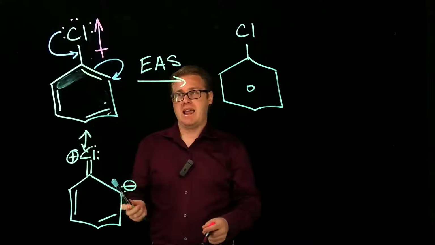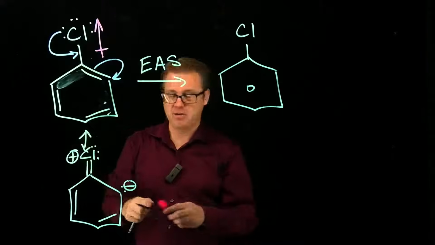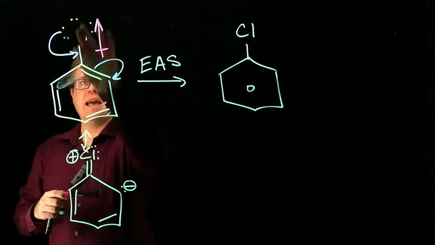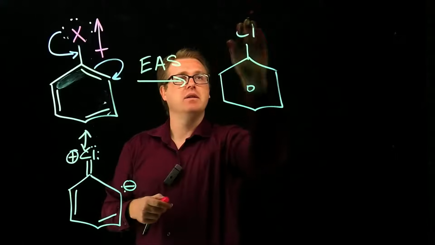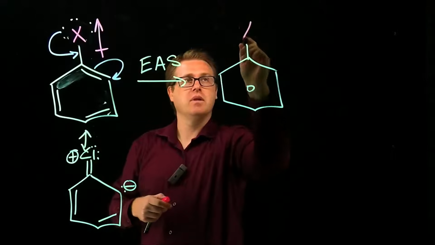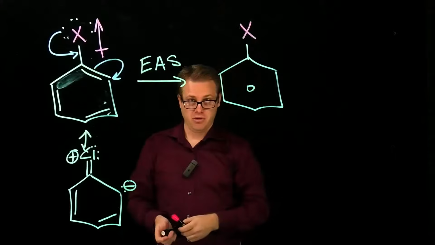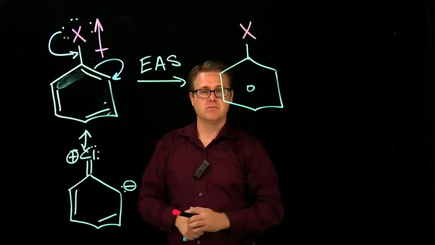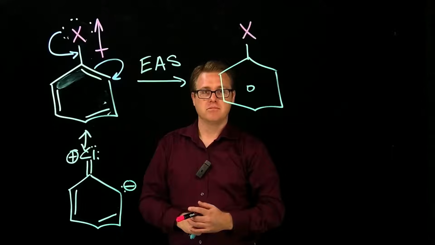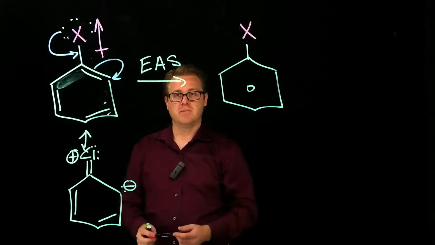So what we say is, halogen, we can replace that with an X, and that X represents all halogens. Okay? Halogens are deactivating groups, but they are ortho-para directors. Okay? That is the exception to the rule.